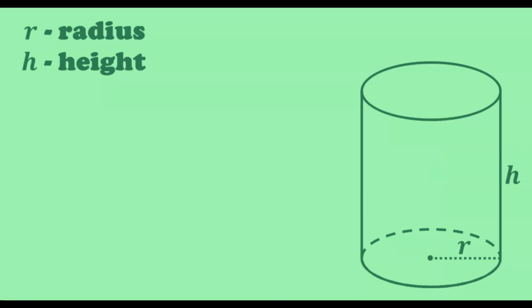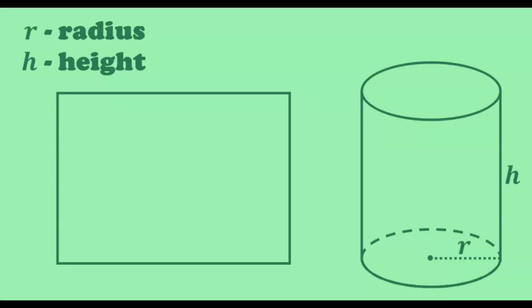If we do that, then we're going to end up with a rectangle. And in this rectangle, note that the length of this side over here is going to be the same as this distance. So that means that the length of this side is going to be h.